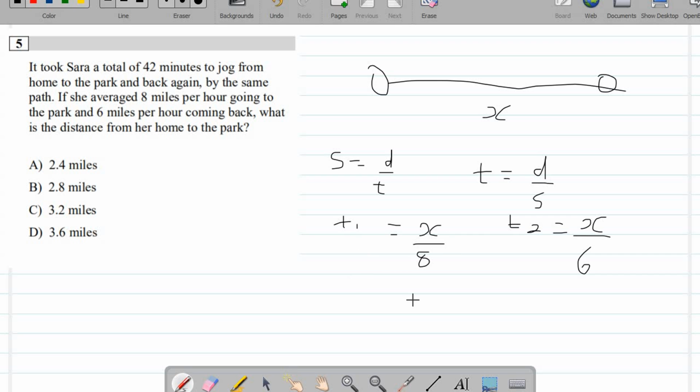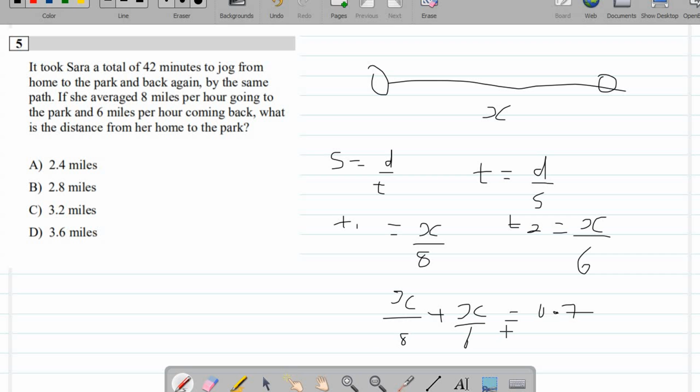So now if you add T1 plus T2, that's x over 8 plus x over 6. If you add them together, you're going to have the 42 minutes. But we don't want it per minute, we want it per hour, so it's 42 over 60, or 0.7. Now how will we solve this? You see the LCM of 8 and 6, that's 24.